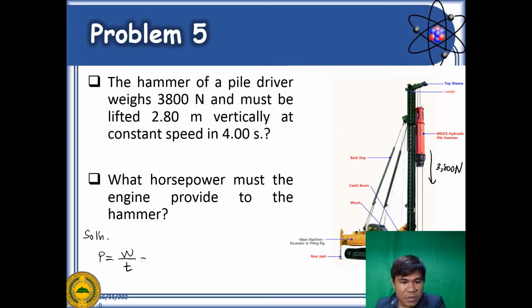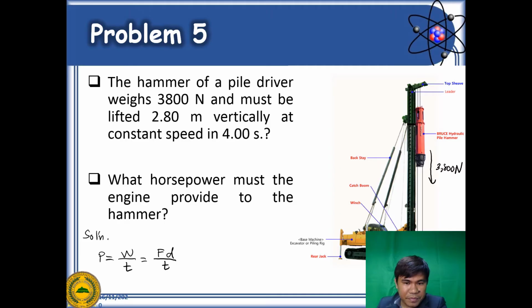So in that case, the direction of the force and the displacement is the same. So we can adapt this formula, work is equal to force times the distance. Since cosine 0 is equal to 1, we are left with force times distance, and then over time.